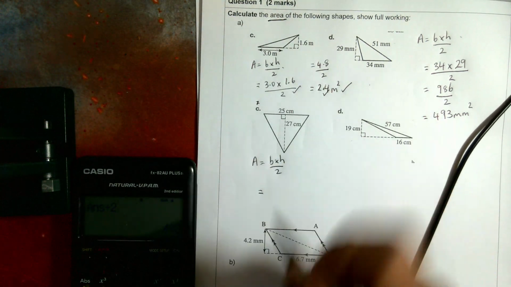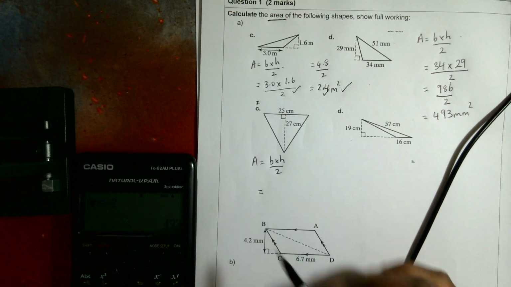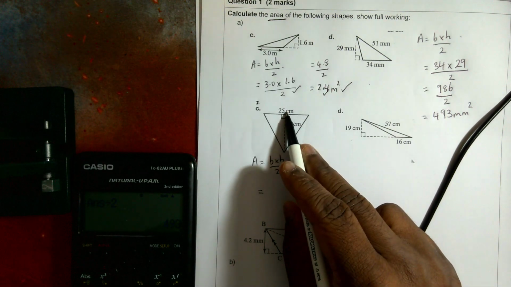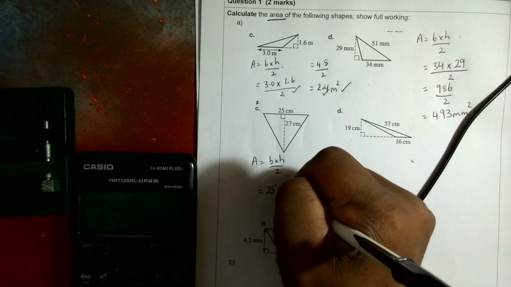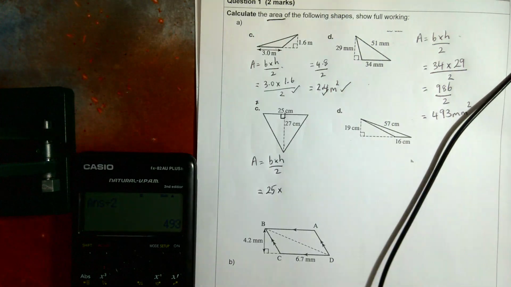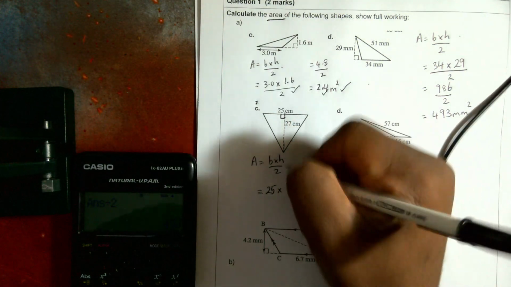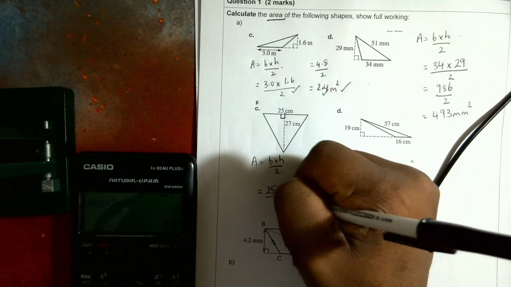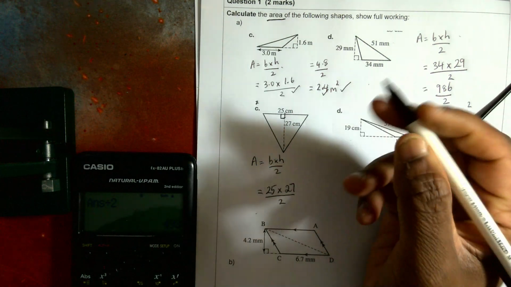So here, base times height. Base 25. The height is always the height at a right angle, your perpendicular height, which is 27. Multiply them together, divide by 2.